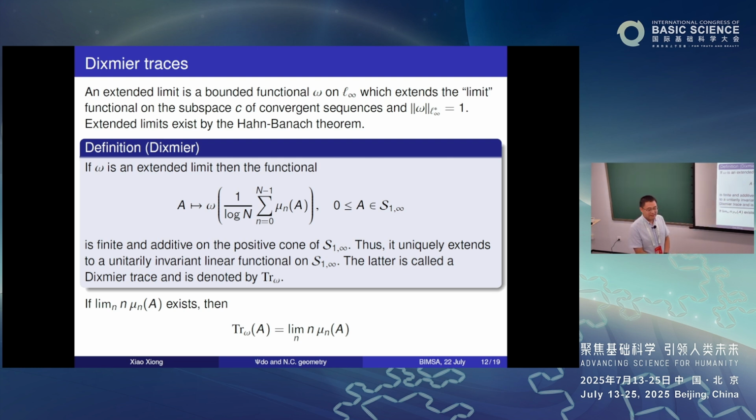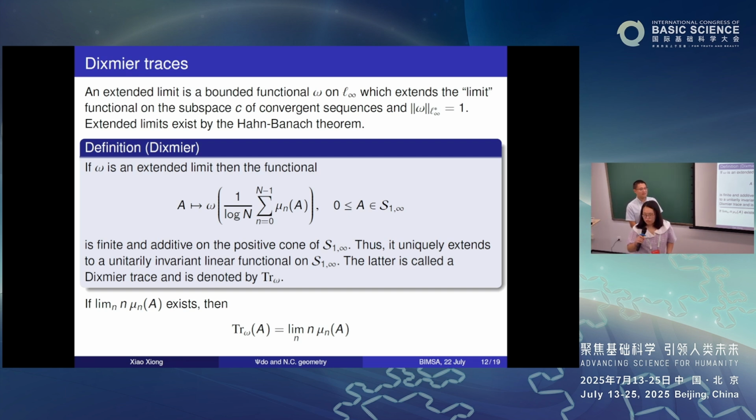Dixmier defines this for all operators, and you restrict it to S1 infinity, and that's why you avoid using it. Yes, that's correct. So, for example, in this very special case, the Dixmier trace is just calculated this way. Thank you.